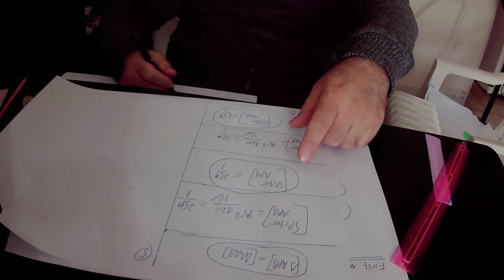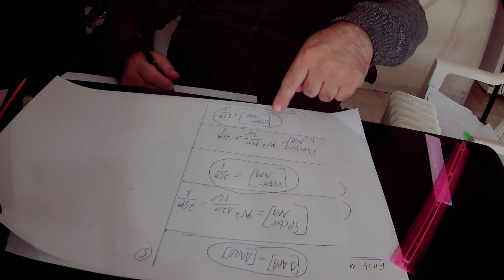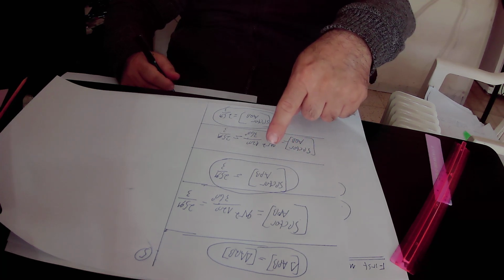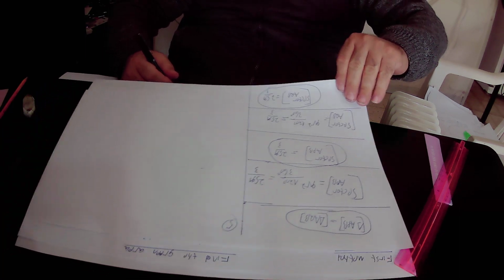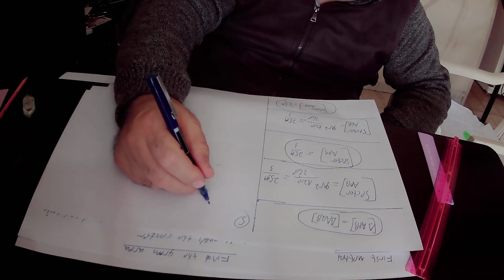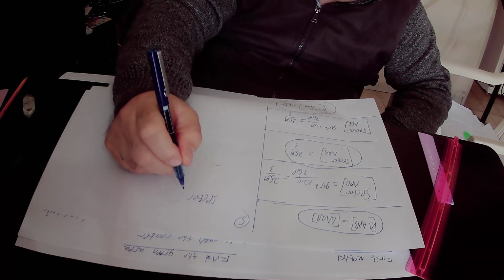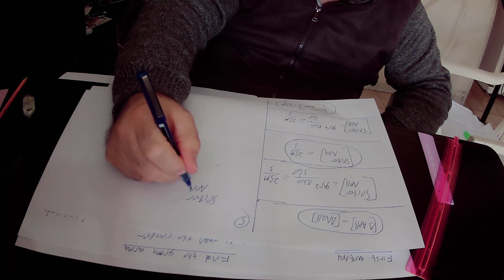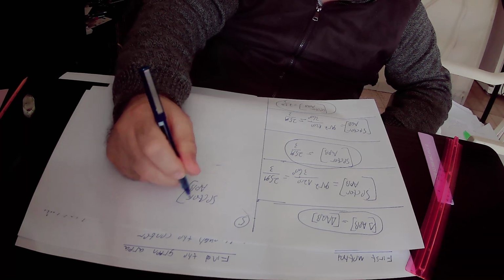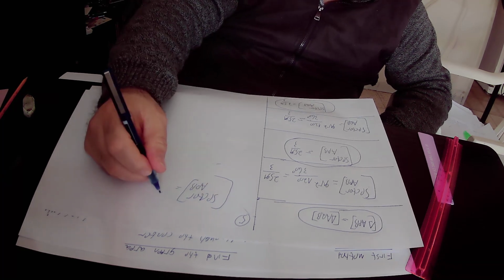So both of the areas of sector APB and sector AQB are equal to 25 pi over 3 square units. Therefore, we can conclude that the area of sector APB is equal to the area of sector AQB.